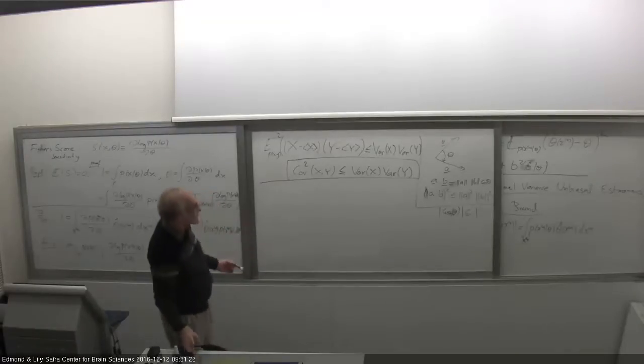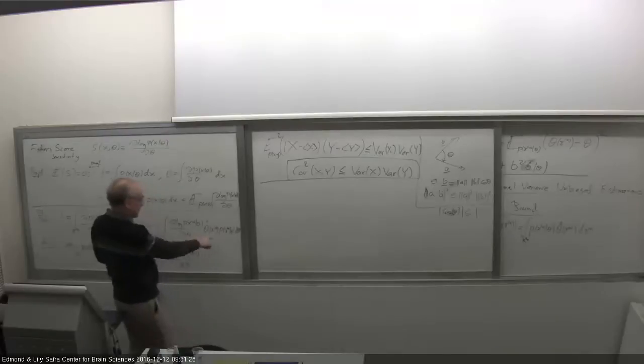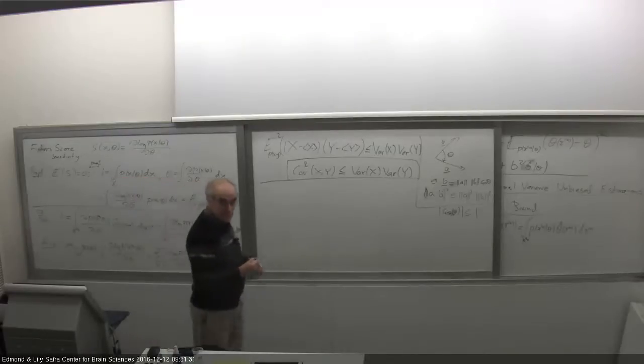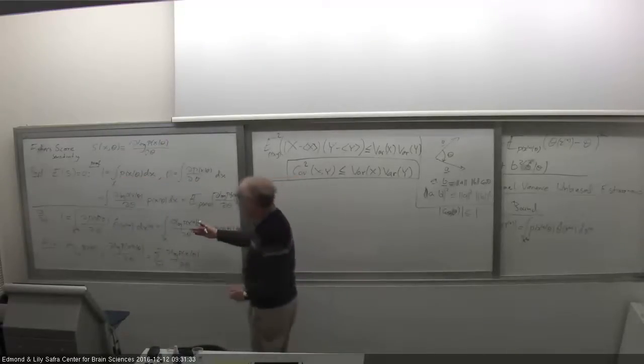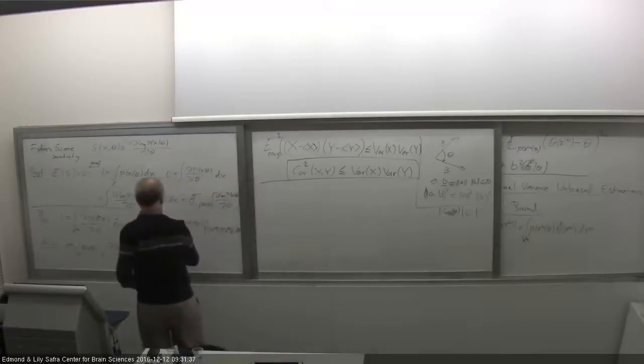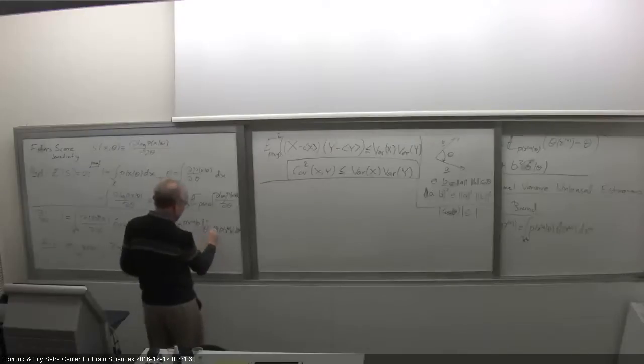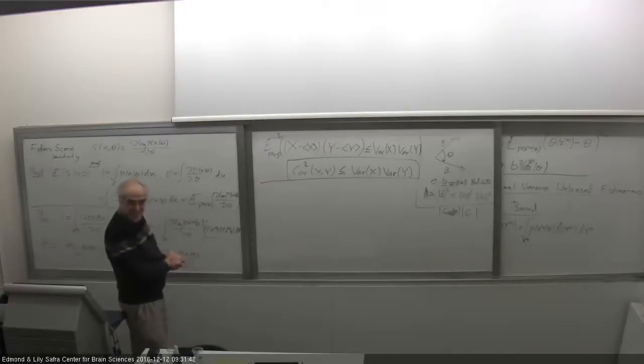And I'm going to use it for this integral. Okay, so what we have here is an expectation of two variables. This is the first one, and this is the second one. Okay?